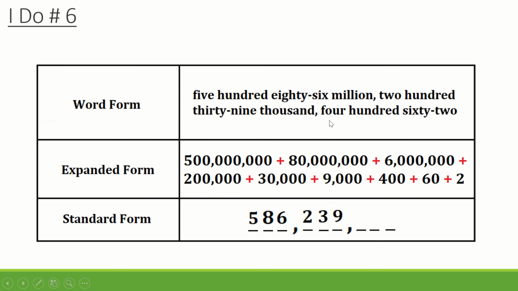And finally, I am in my ones period, and in word form I have 462, which is also shown here with 400 plus 60 plus 2. So that tells me in my hundreds place I need to put a 4, in my tens place I need to put a 6, and in my ones place I need to put a 2.